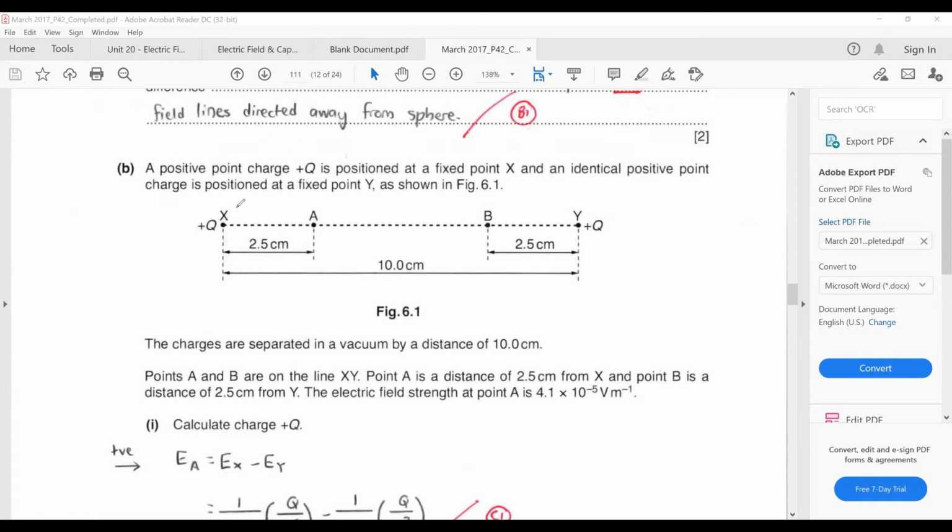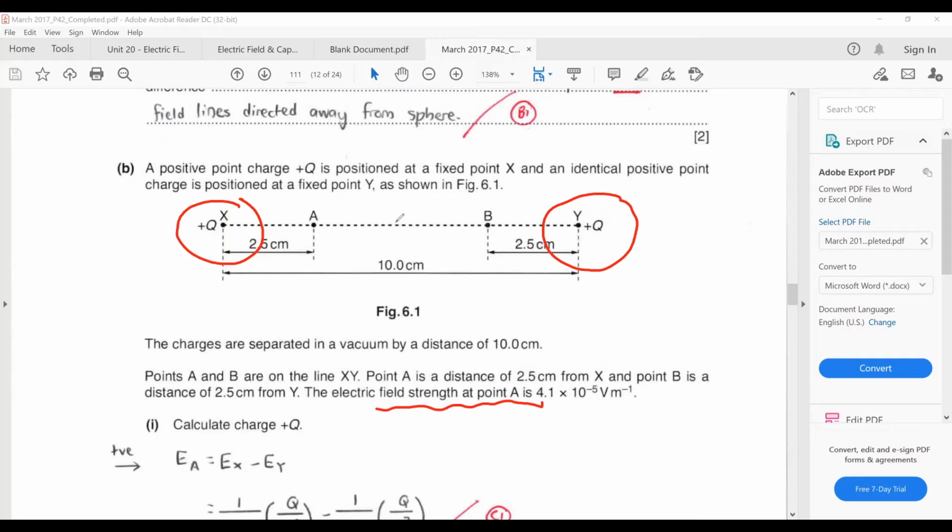You have a charge at point X, and a charge at point Y with a magnitude of positive Q also. So you're talking about the region between the two charges. In your case here, you cannot consider this as an isolated charge. You're talking about a case between charges where there's a resultant field in between.